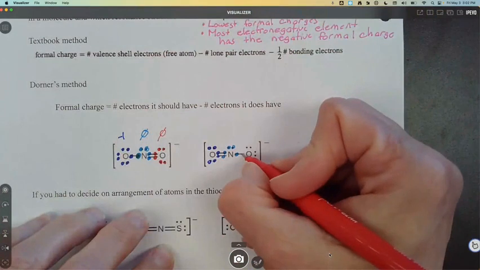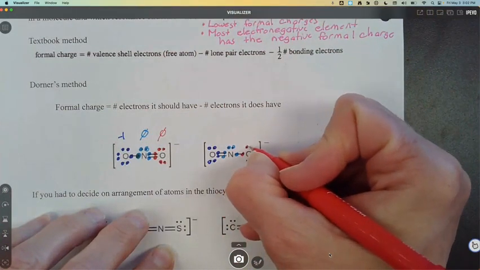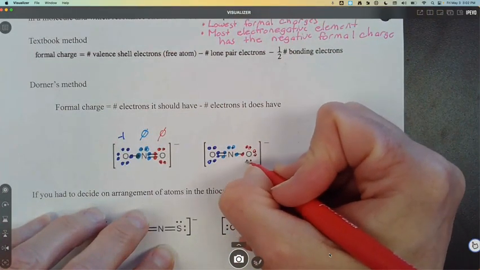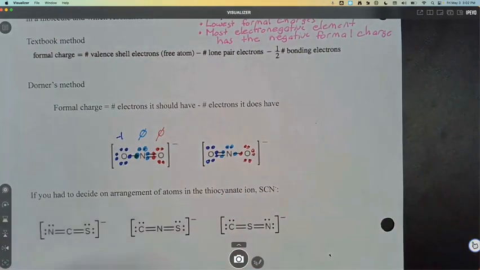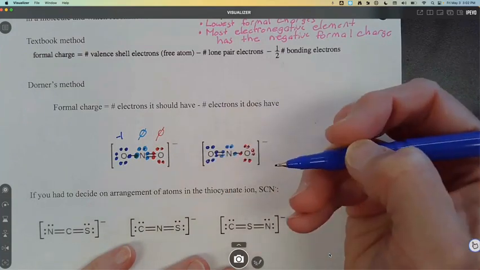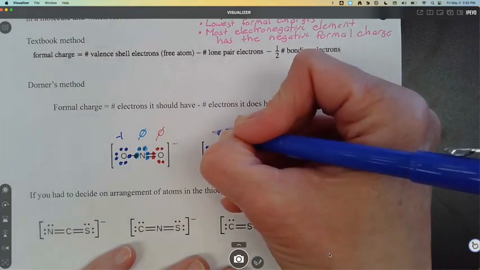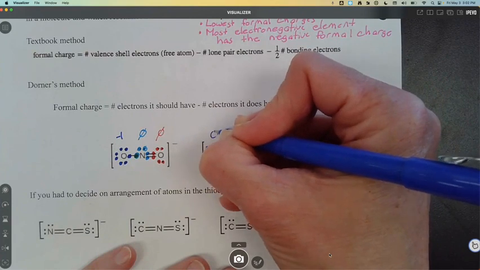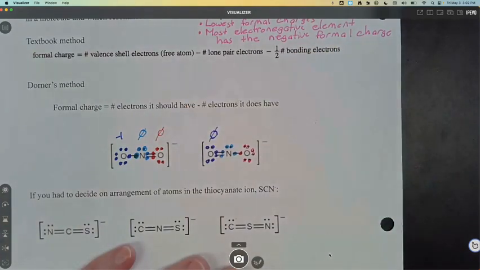And the oxygen out here on the end gets this one out of the bond, plus all of those lone electrons. And now I do the formal charge. 1, 2, 3, 4, 5, 6 electrons. Oxygen should have 6. It does have 6. Formal charge of 0.